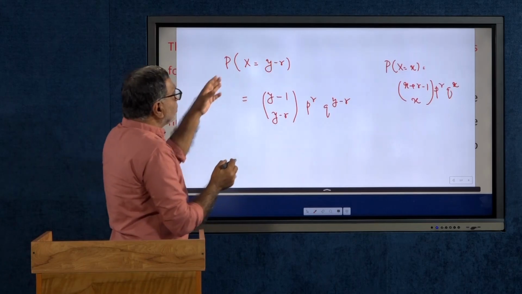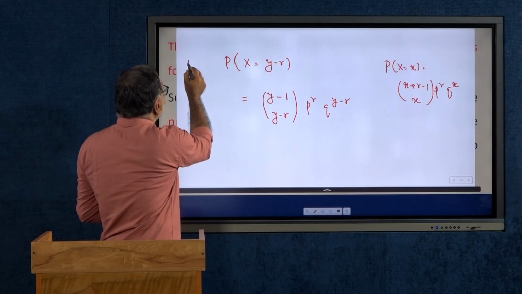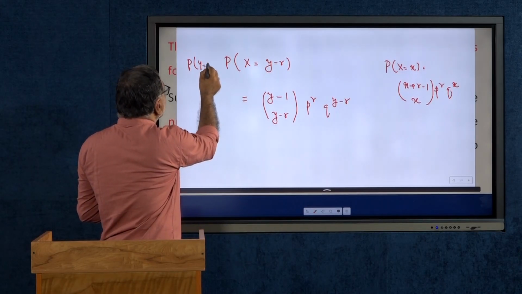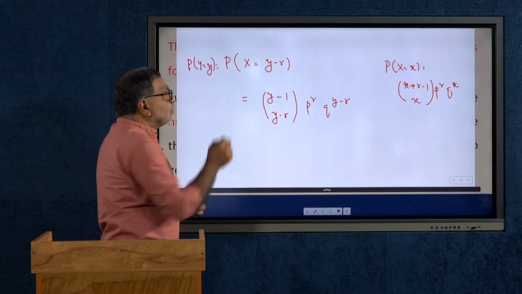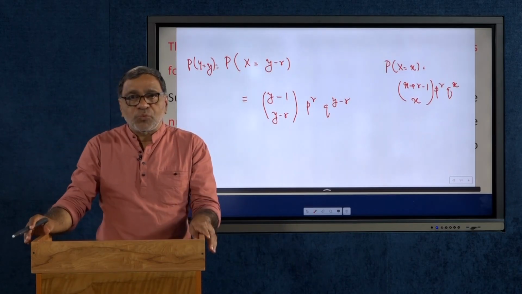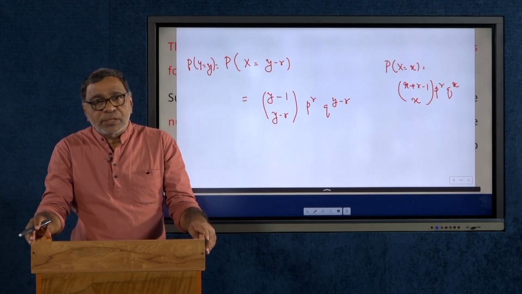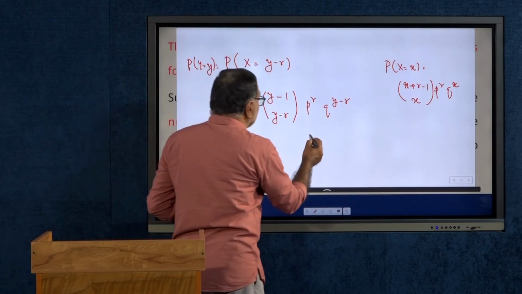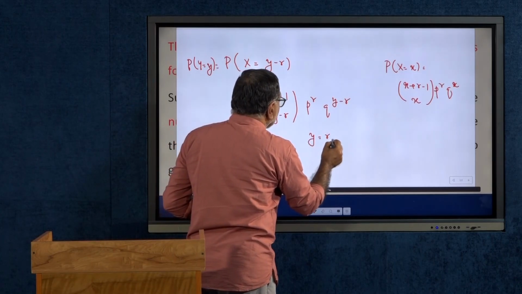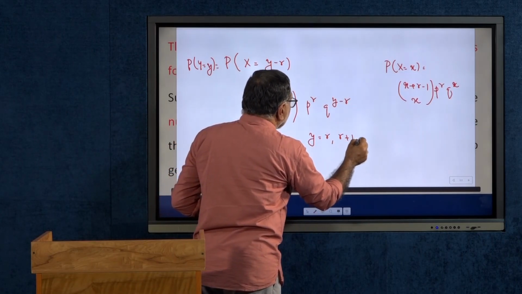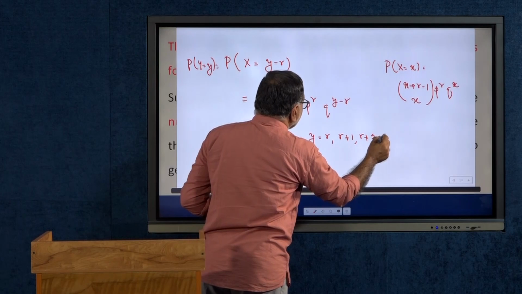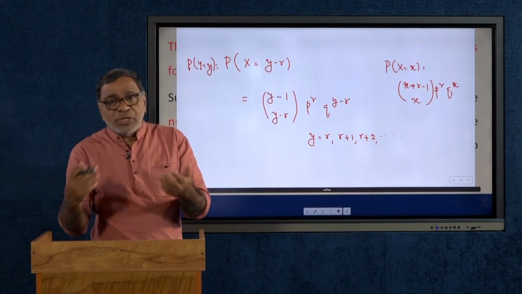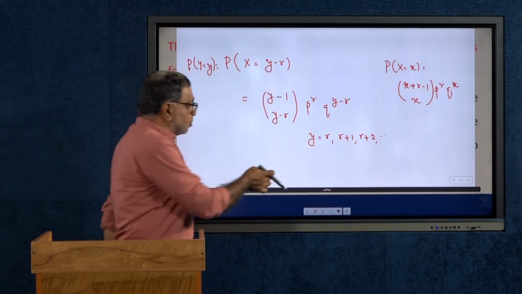So probability of y equal to y is obtained as y minus 1 c y minus r p power r q power y minus r, where y is equal to r, r plus 1, r plus 2, etc. So this is another version of the negative binomial distribution.